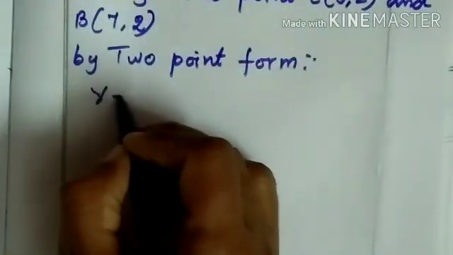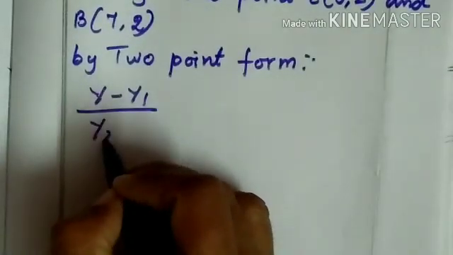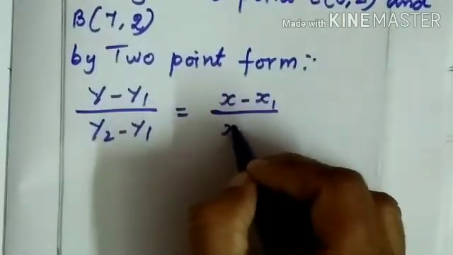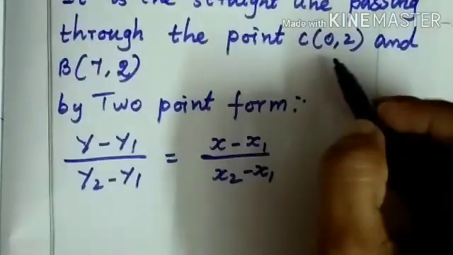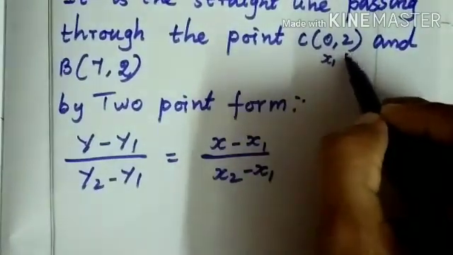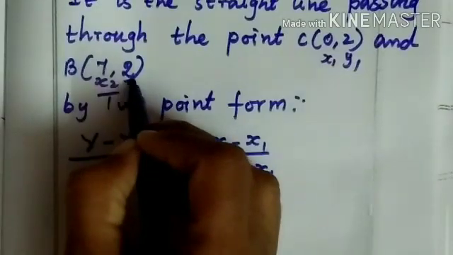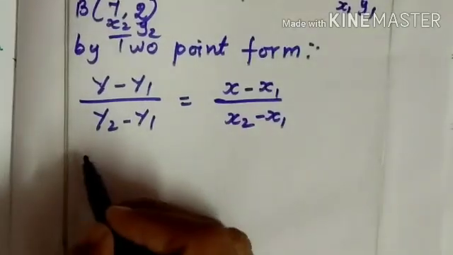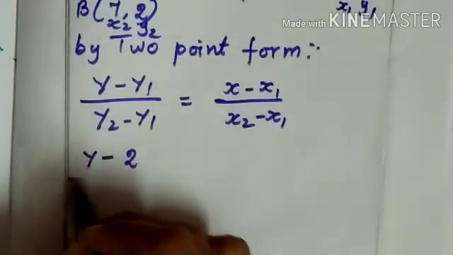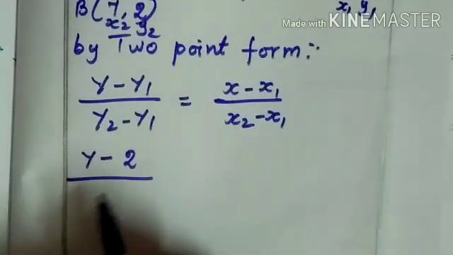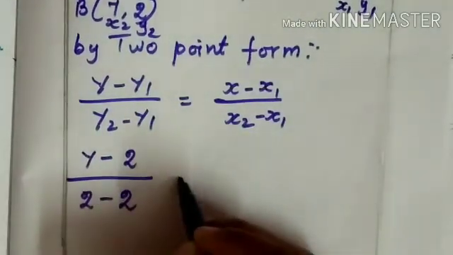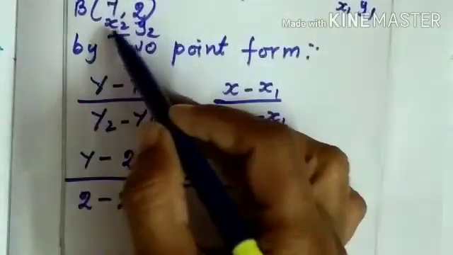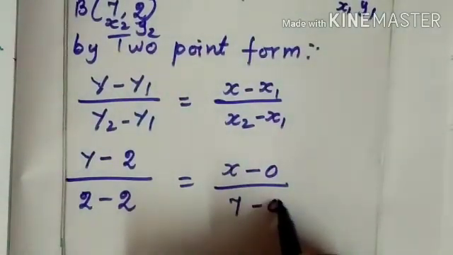The equation is (y minus y1) by (y2 minus y1) is equal to (x minus x1) by (x2 minus x1). Let us assume this C point is x1, y1, and this one is x2, y2. Now you have to apply these points in this formula, means we get (y minus 2) by (y2 minus y1), that is 2 minus 2, is equal to (x minus x1, 0) by (x2 minus x1), that is 7 minus 0.